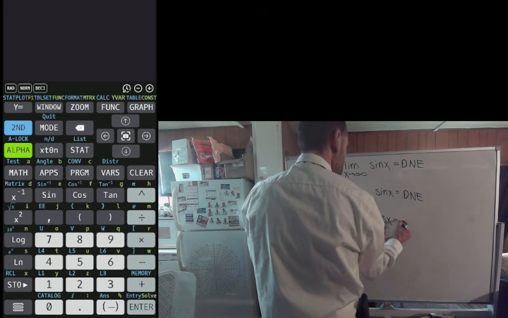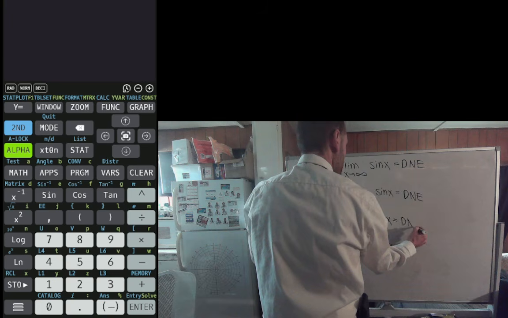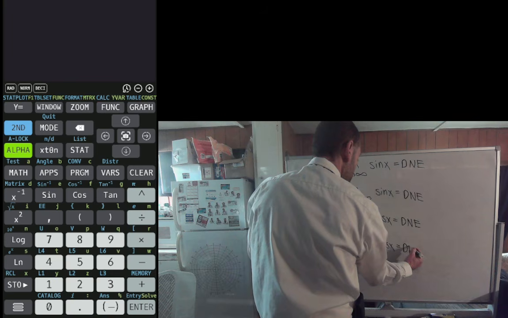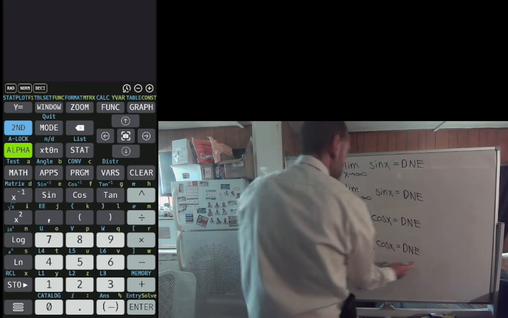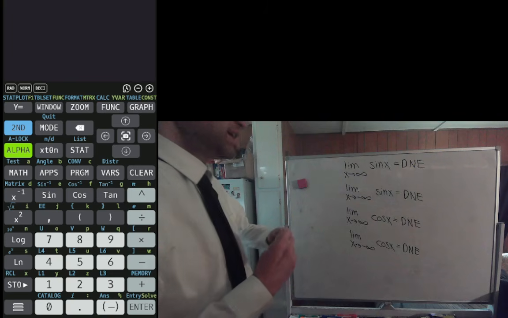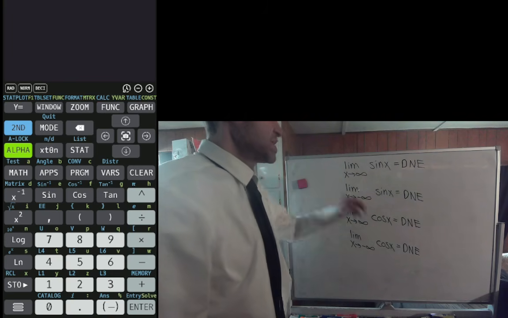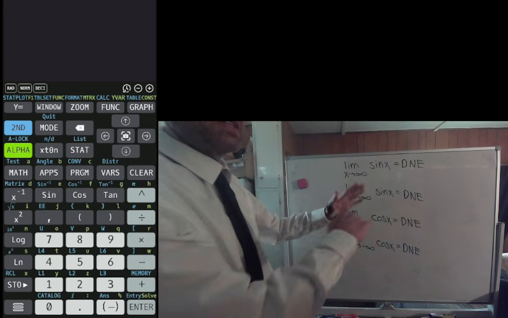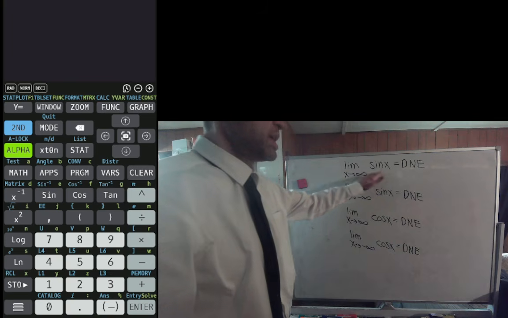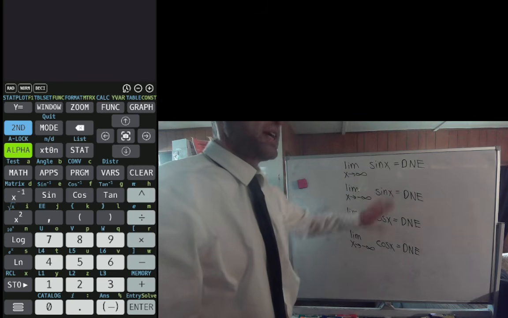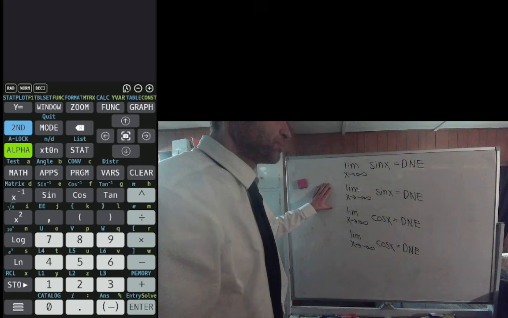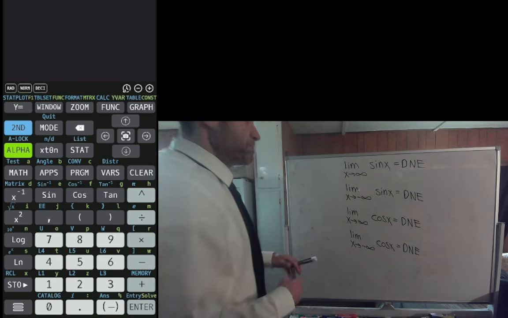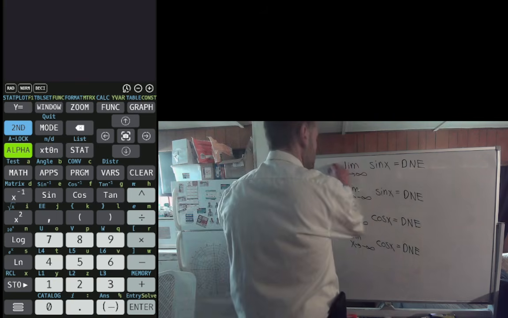So knowing your graphs of these trig functions is very useful for helping you know limits at infinity and negative infinity of sine and cosine, because your y values continue to oscillate between -1 and 1 infinitely, and it never settles down to a specific value. So those are some basic trig functions.